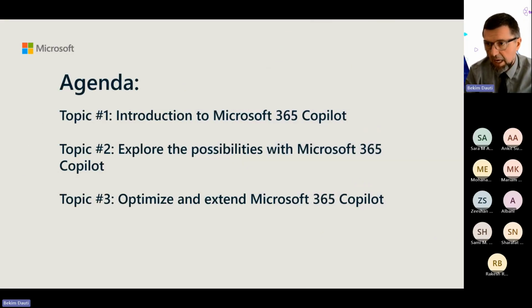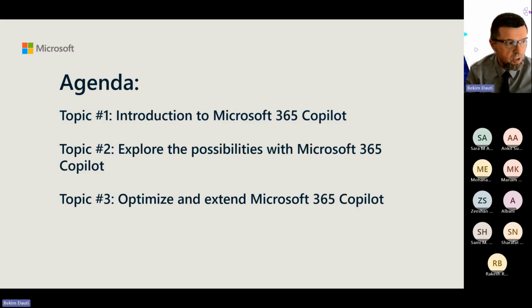We have three topics. The first one is getting into the Microsoft 365 Copilot. We're going to start, as you can notice on this slide, with the introduction to the features and functionalities of the Microsoft 365 Copilot. The reason is that we want to explain how to enhance productivity across Microsoft 365 applications.